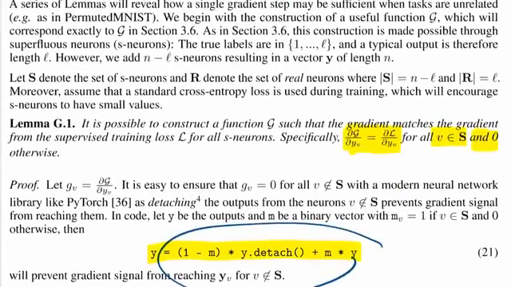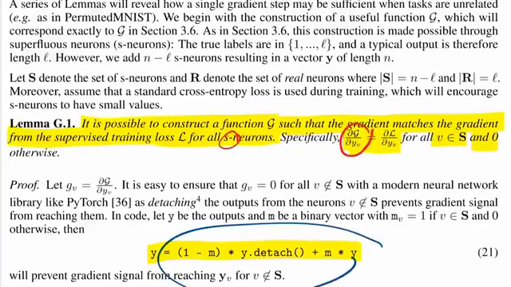They say, first lemma: it's possible to construct a function g such that the gradient matches the gradient from the supervised loss for all S neurons, so for all these superfluous neurons. Specifically, we want the gradient with respect to the logits to be equal. If the gradient to the logits is equal, that means the gradient to all the rest of the network is equal, because the rest of the network goes through the logits, right? The gradient through the logits is equal to the gradient of the supervised loss to the logits for all the superfluous neurons, and zero otherwise.